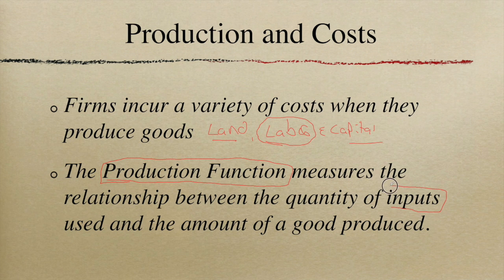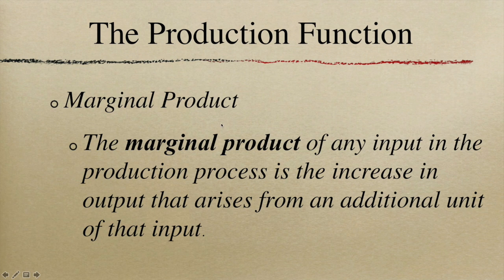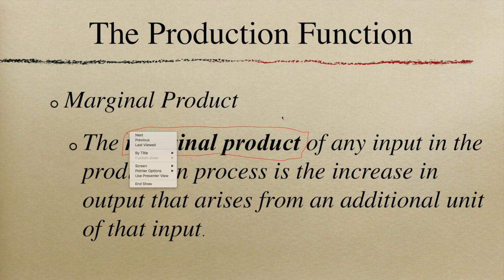So what does increasing an input do to the amount of output the firm can produce, the amount of goods and services that the firm can actually produce? Now, when we're looking at the production function, we're looking at what's called the marginal product. The marginal product is the additional production, the increase in production we get from an increase in an input. How much extra production do we get when we increase an input, land, labor, or capital?